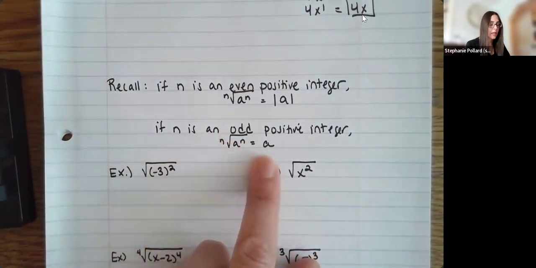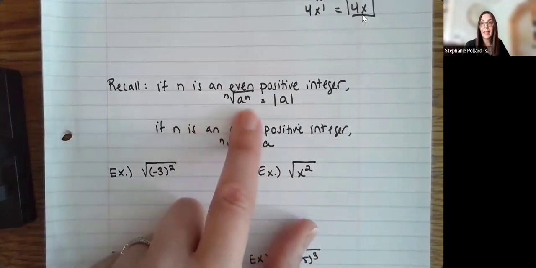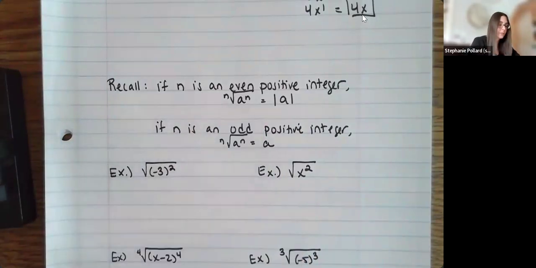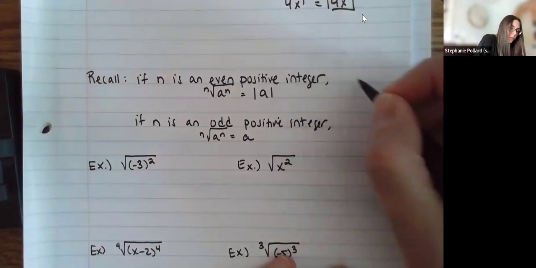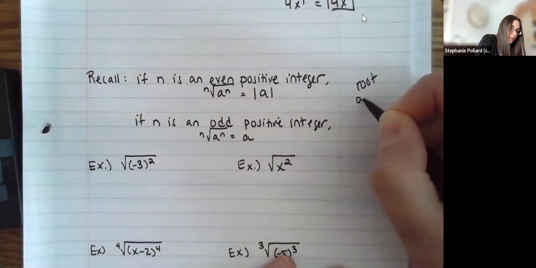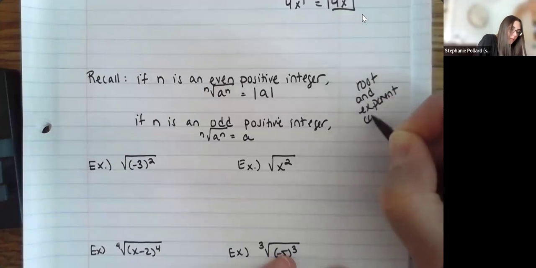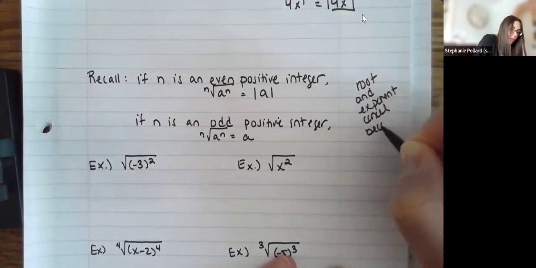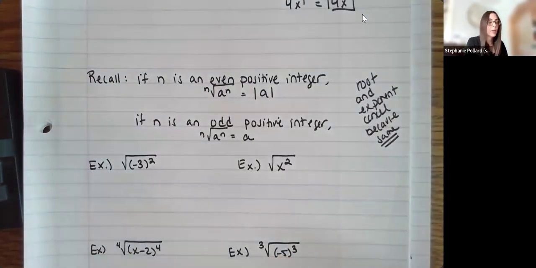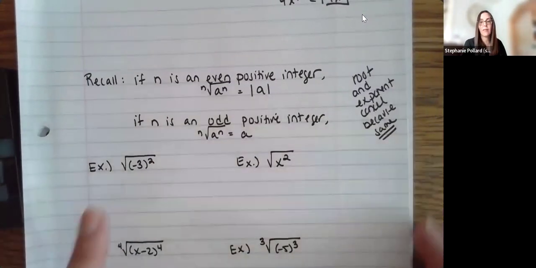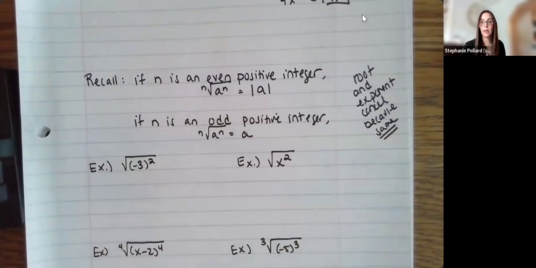So what ends up happening here is the root and the exponent cancel because they're the same. But when your power is even, we are taking the absolute value instead.